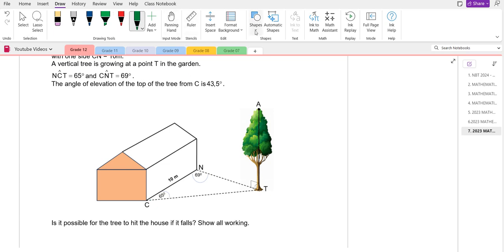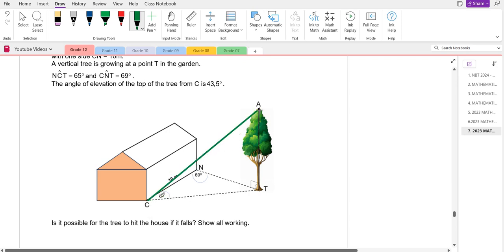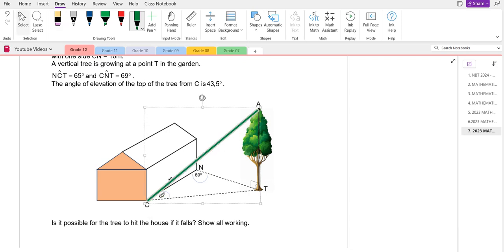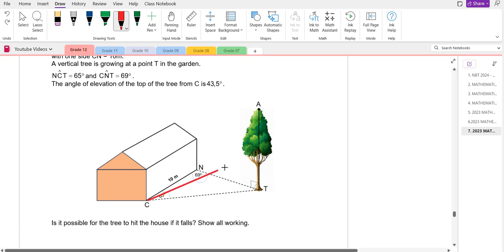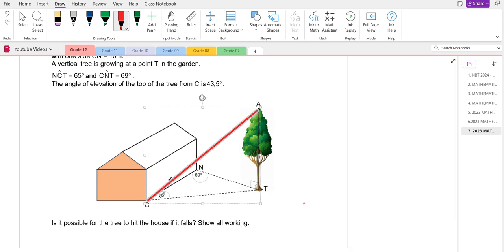So you have another triangle here. Looking at that triangle from C to there. Because it's in 3D, it's a bit hectic. The angle looks bigger, but it's not actually. So I'm going to draw another triangle there later on.